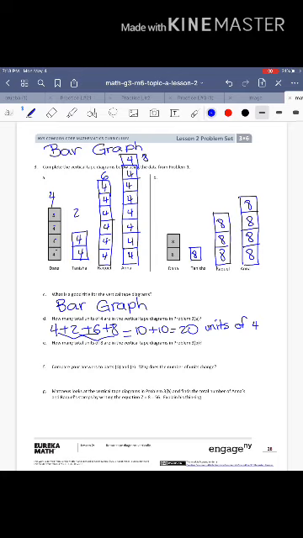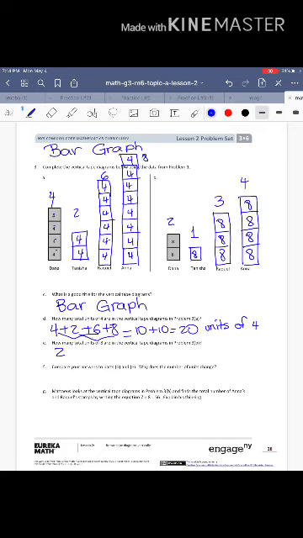Okay, let's continue. Now, letter E. How many total units of 8 are in the vertical tape diagrams in problem 3B? Let's see how many we have. We have 2 here, and we have 1 here, and we have 1, 2, 3 here, and we have 1, 2, 3, 4 here.